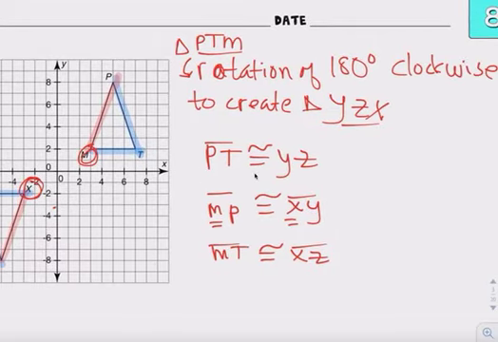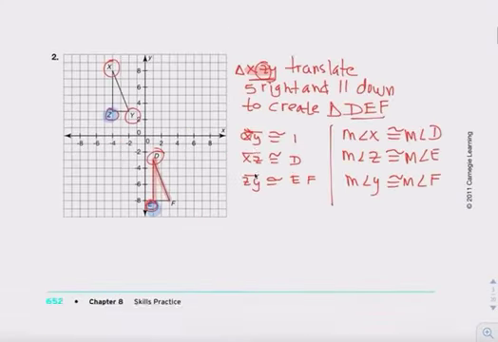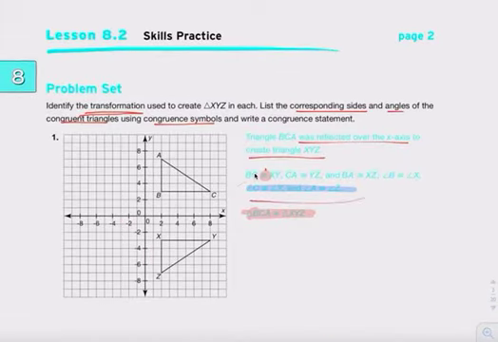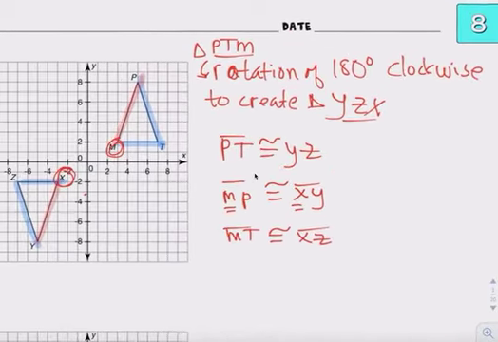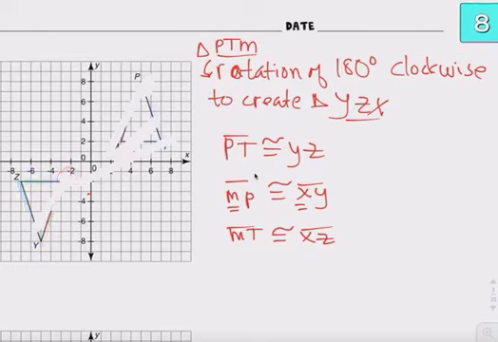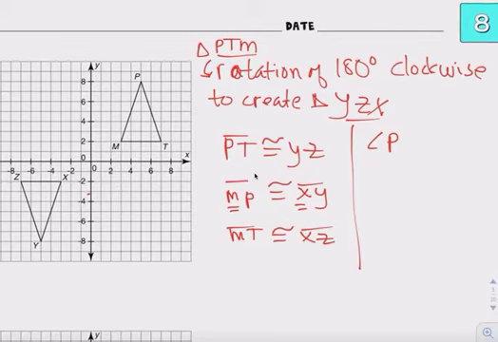Let's do angles. Since the book has shortened it to this, we'll just shorten it too. I like to write the measurement of. Angle P is congruent to angle Y. We're good with one angle.